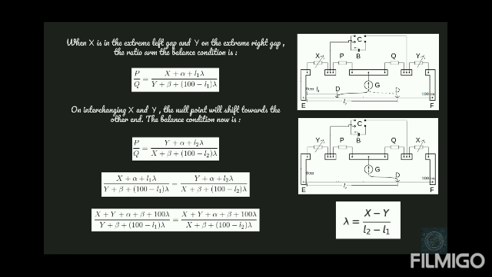So using Carey-Forster bridge, you can put x on the left hand side and y on the right hand side and find out L1, the null point, right? And then you can interchange x and y, and you can again find out the null point. We will call that L2, and then simply calculate lambda equal to x minus y by L2 minus L1, and then repeat this experiment for another value of x, right?